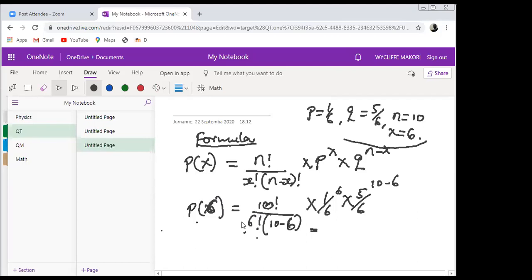So to get the 10 factorial, you press 10, shift, and then press that button adjacent to x factorial. Then you press equals.